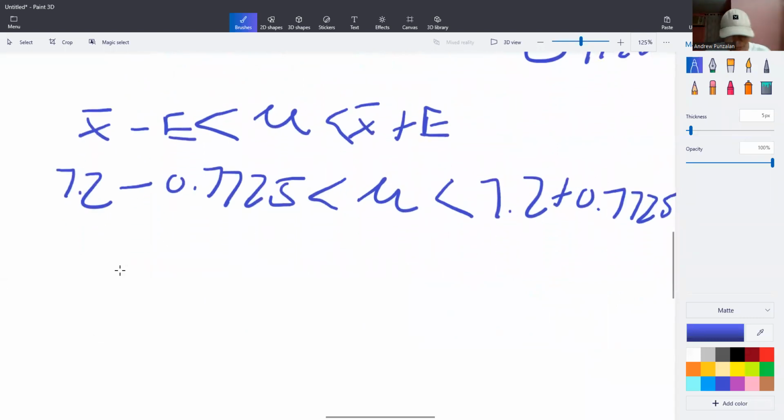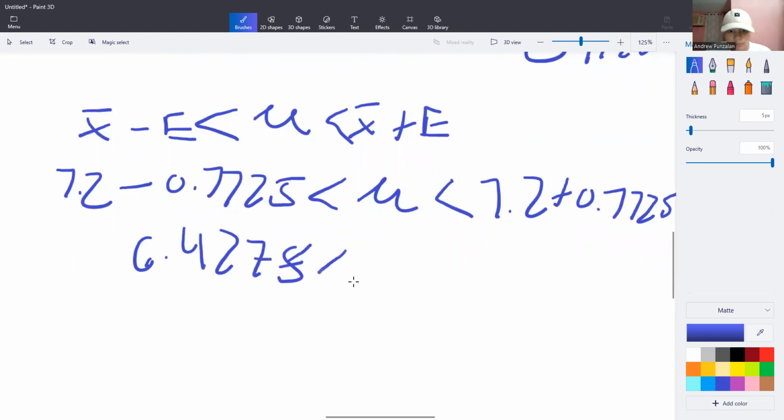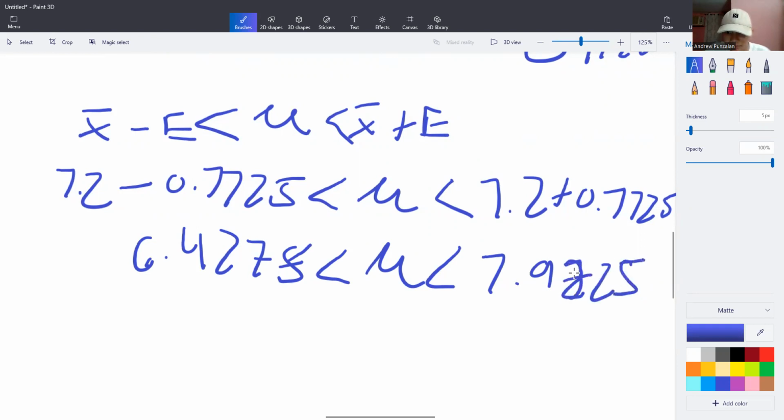To simplify, this is 6.4275, mu in between, and 7.9725. Sorry, 7.9725. So that is our answer.